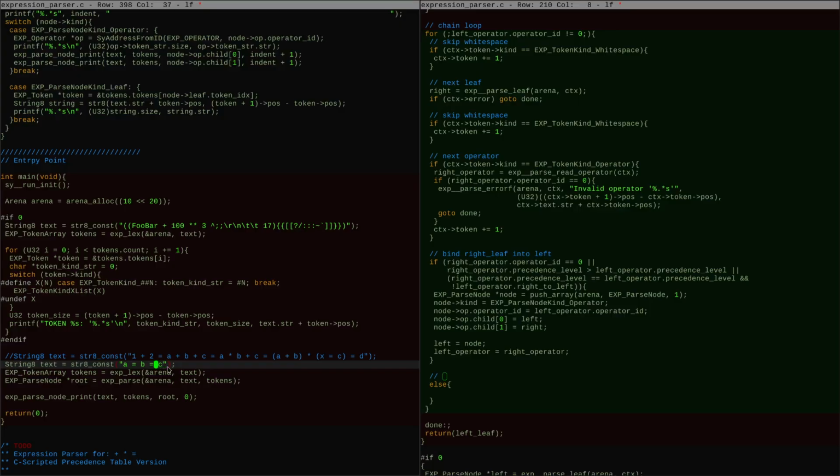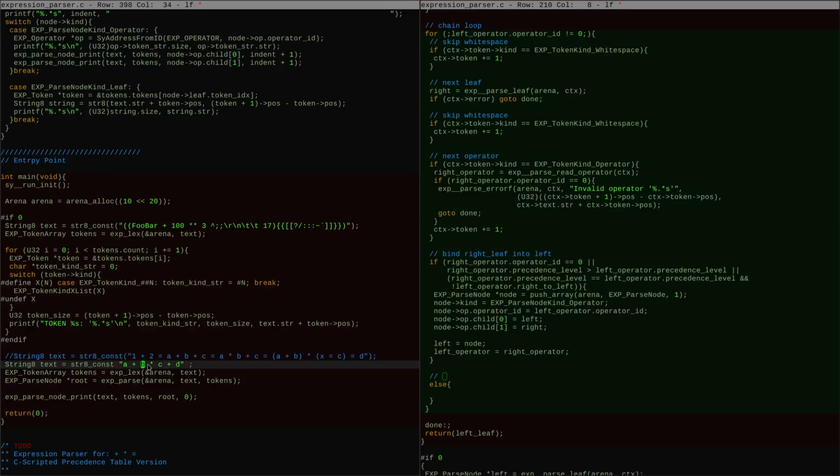Let me just see an example here. So A plus B times C triggers the same thing. So it would go A plus, and you go, okay, push that onto the stack. B times takes over. This repeats. So what happens if there's a plus D then, right?